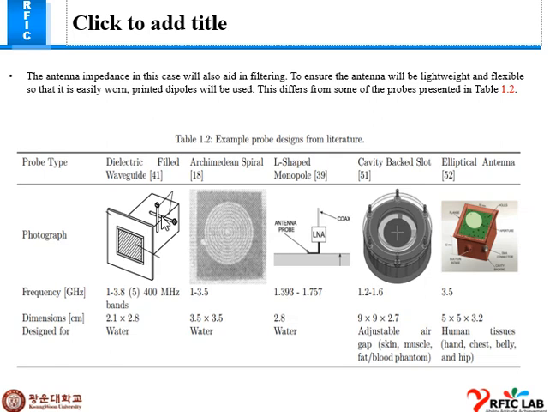The spiral ranges from 1 to 3.5, and the L-shaped monopole from 1.39 to 1.757. The cavity-backed slot is 1.2 to 1.6, and lastly the apical antenna is 3.5.